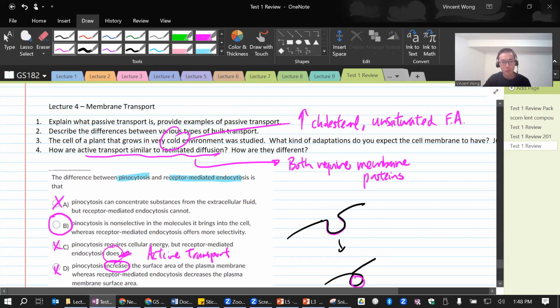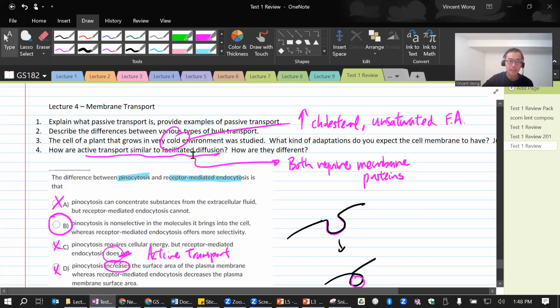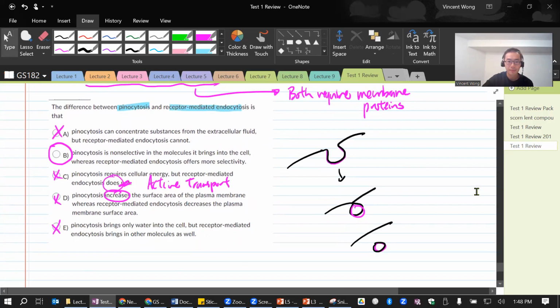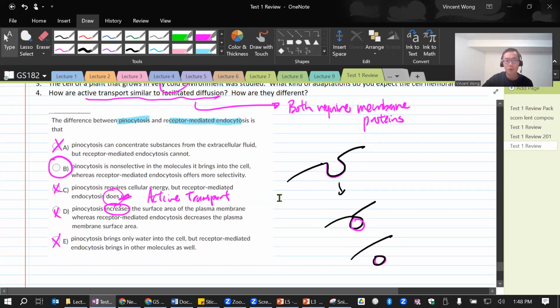In active transport, we have the sodium potassium pump that needs proteins, and in facilitated diffusion, we need carrier proteins and channel proteins. The obvious difference is that one is active, which requires ATP, and facilitated does not. And that's pretty much it for number 4.